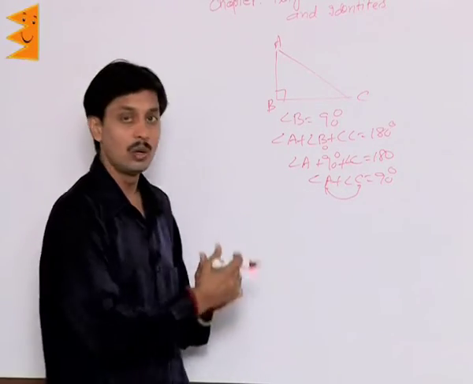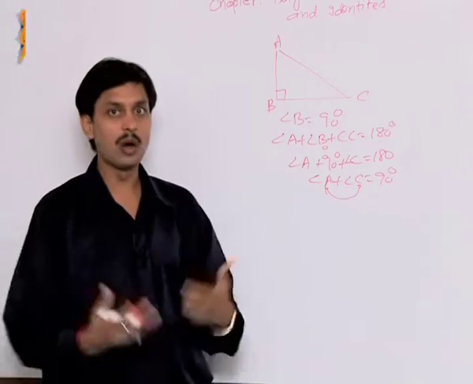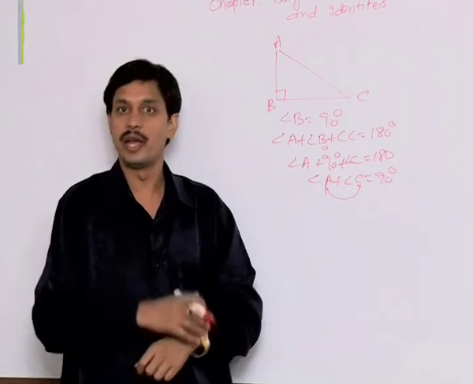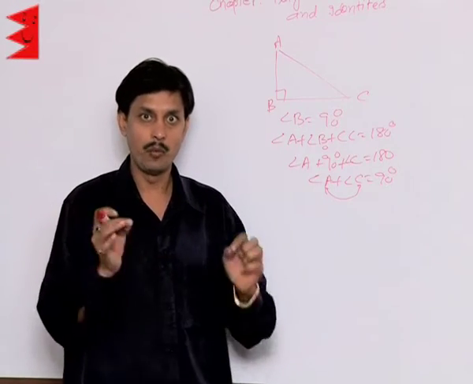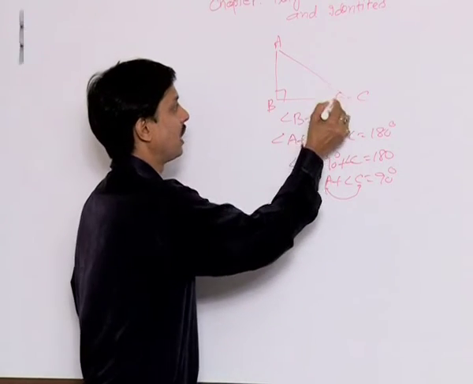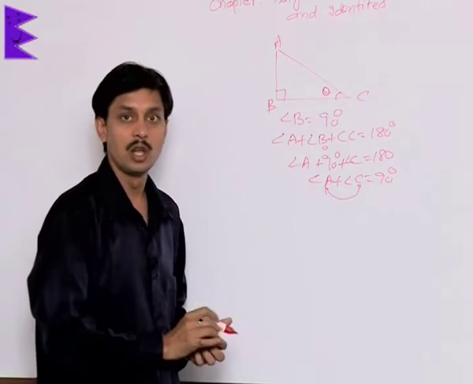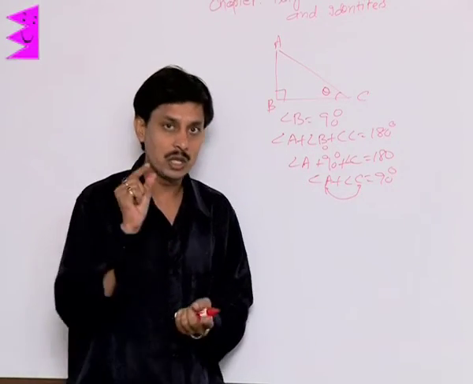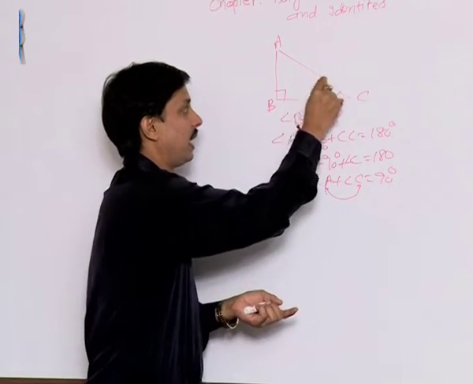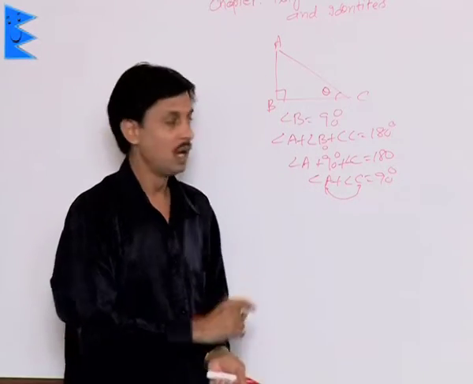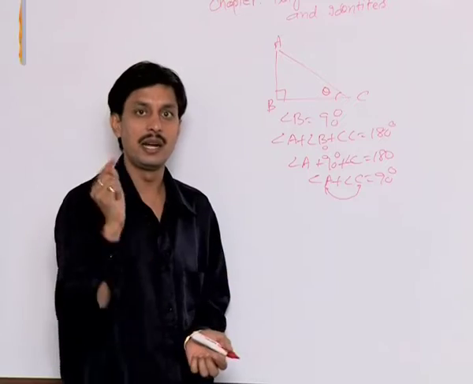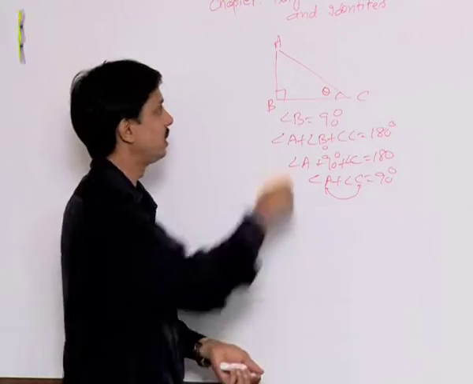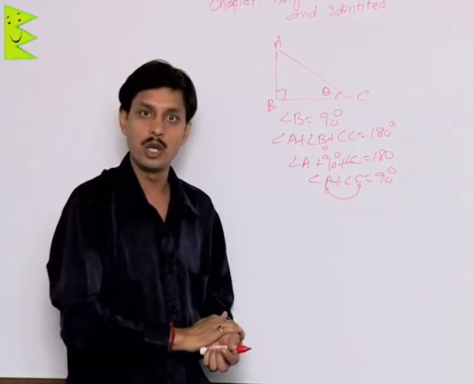Okay. Now, what information about the complementary ratios would we like to derive? Very simple. Suppose angle C is theta. We always deal with the angle theta which comes between the base and hypotenuse. Suppose theta is the angle at C, it means BC is the base and AC is the hypotenuse.